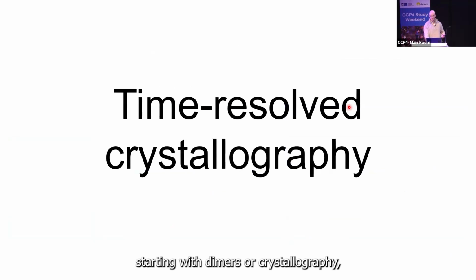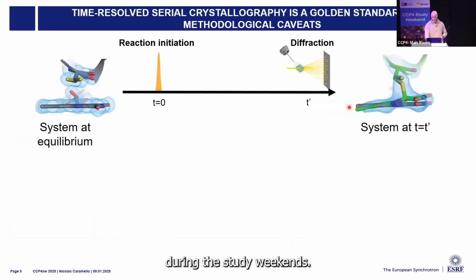Starting with time-resolved crystallography, because I think it's what most of you are most familiar with, and it's been already presented during the study weekend. So most time-resolved experiments use the serial crystallography method, where you initiate a reaction in a crystal with a pulse of light, mixing with its substrate, whatever you want.